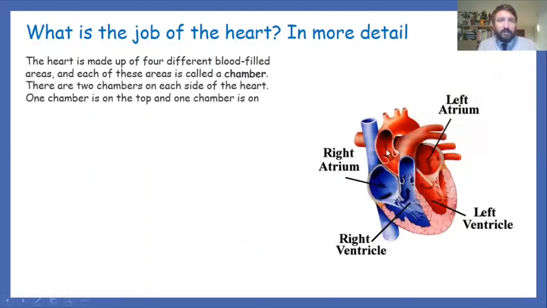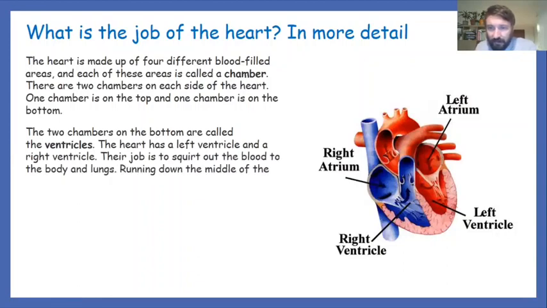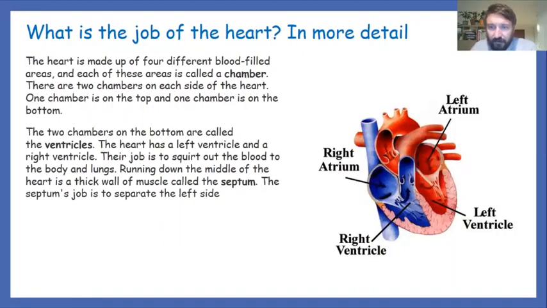Here we go. So the heart is made up of 4 different blood-filled areas, and each of these areas is called a chamber. There are 2 chambers on each side of the heart. One chamber is on the top, okay, you can see that with my arrow, and then one chamber is on the bottom. Now, the 2 chambers on the bottom, as you can see here from our illustration, we have the left ventricle and we have the right ventricle.